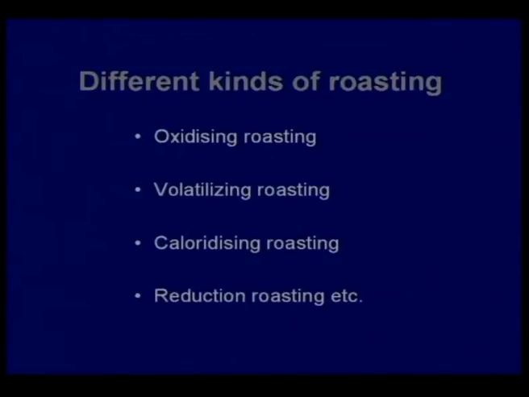By the word volatilizing roasting, I mean that you allow some part of that mineral to get separated through volatilization, and by chloridizing roasting we mean that we heat it below the fusion point using a chloridizing agent like hydrochloric acid or chlorine to produce either a liquid chloride or a gaseous chloride, will take out some element from the aggregate of other elements, they will get separated out.